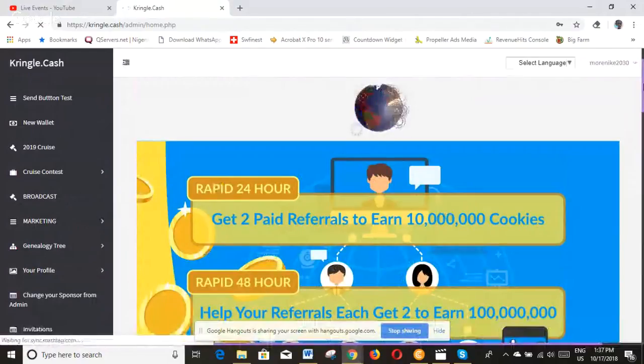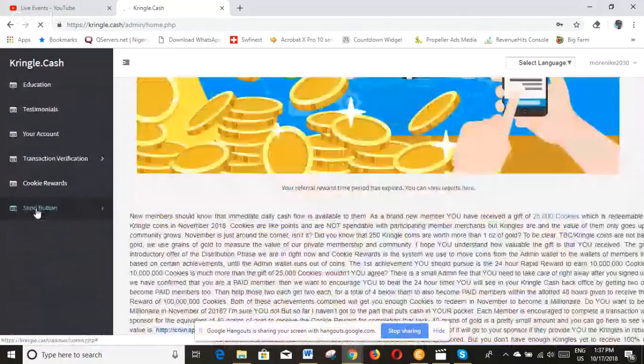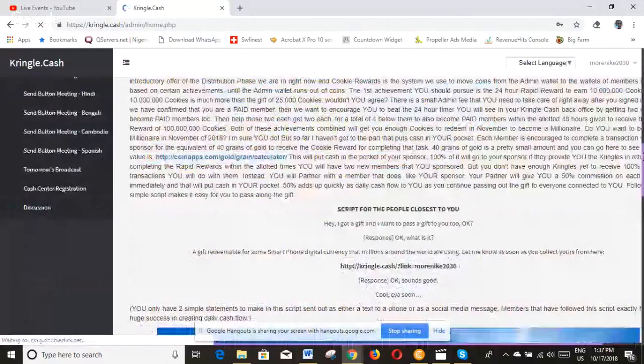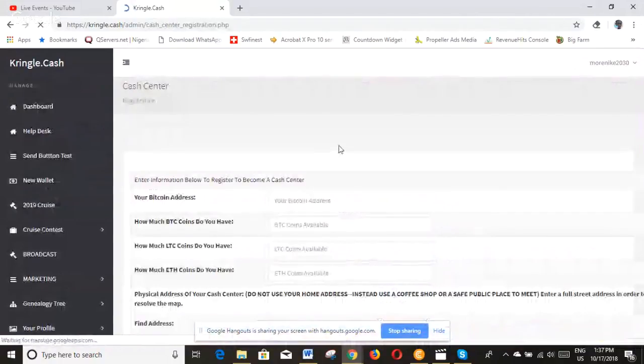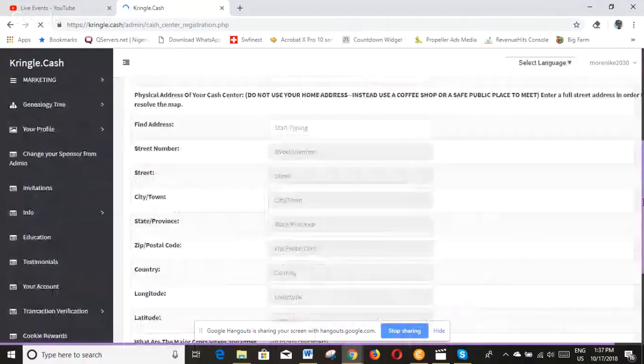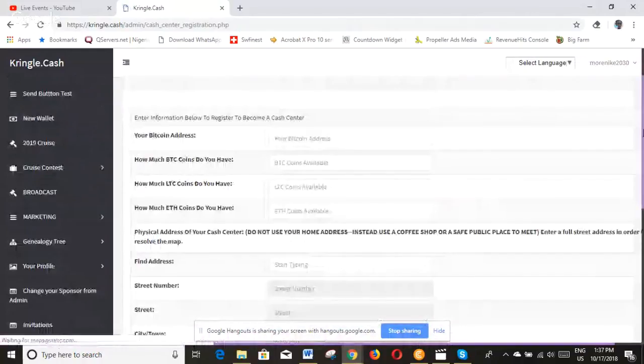So you click on the send button. You go down, see car center registration. So you click on it. Good. This is the registration form. You can see all the requirements. First of all, you enter your Bitcoin address.